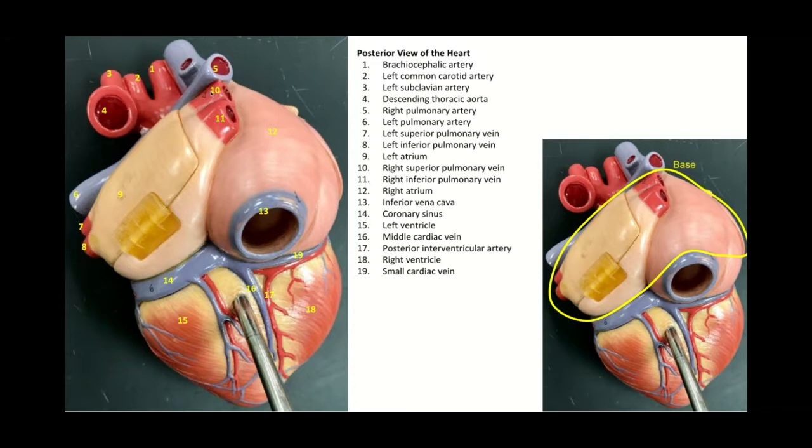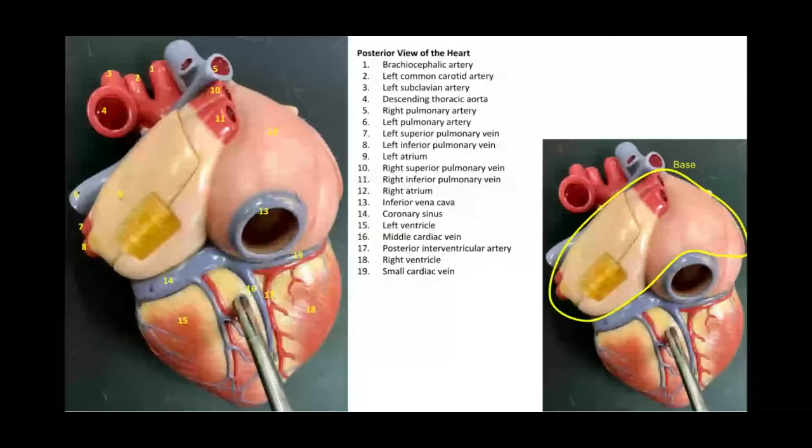Here you can see number 10 and 11, right superior and right inferior pulmonary veins, which bring oxygenated blood from our right lung to the left atrium. In this view, you can see number 5 and 6. They are the branches of our pulmonary artery, right branch and left branch here.